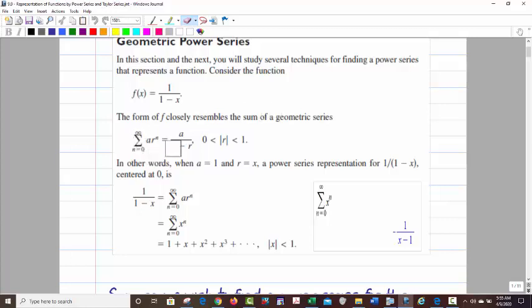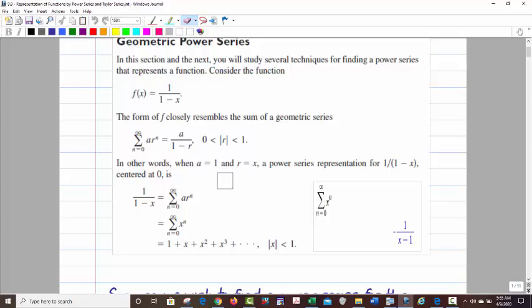Now, if you notice, this clearly looks a lot like the geometric series, where the sum of r to the n from n equals 0 to infinity is a over 1 minus r, provided that the absolute value of r is between 0 and 1. So if you try to model this 1 over 1 minus x to make it look like this, that would tell you that a would have to be 1, and r would have to be x.